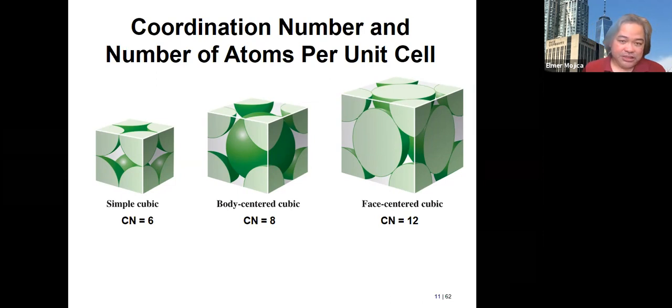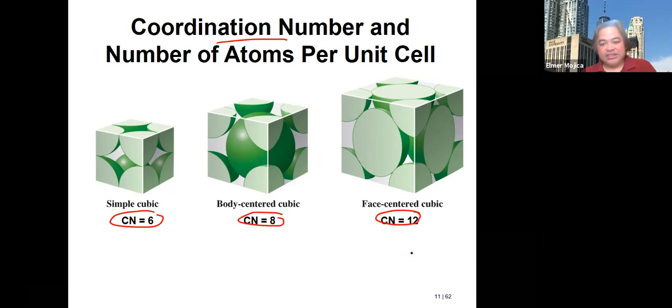Coordination number is defined as the number of atoms or ions surrounding an atom or ion in a crystal, a measure of how tightly the spheres are packed together. So simple cubic is 6, body-centered is 8, face-centered is 12.